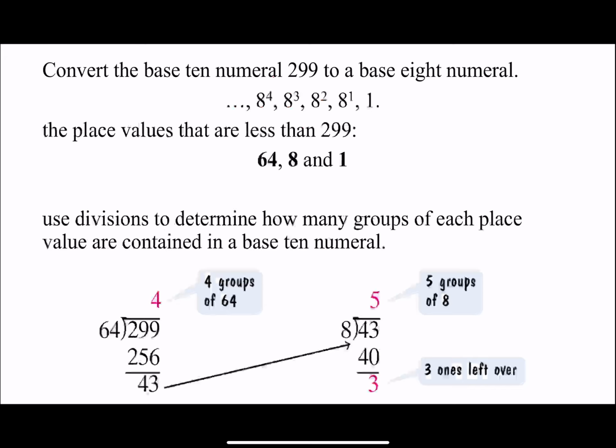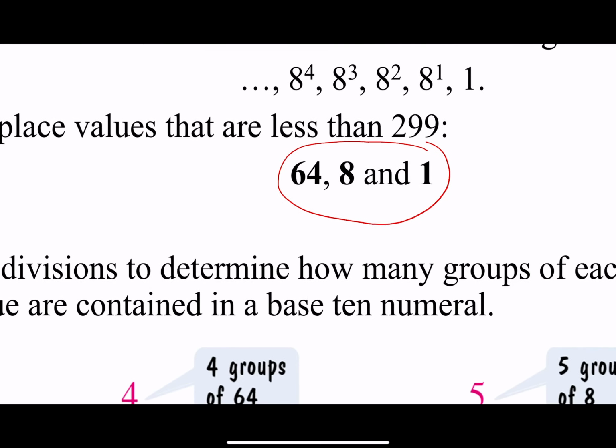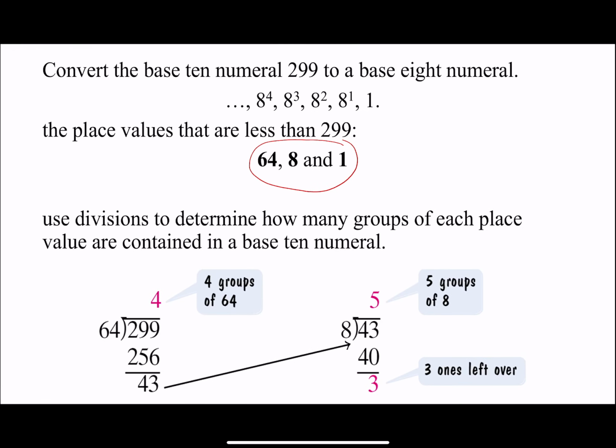So 299, first of all, I divide it by 64, the biggest place value that we have picked. Okay, sorry. 299, I divide by 64.